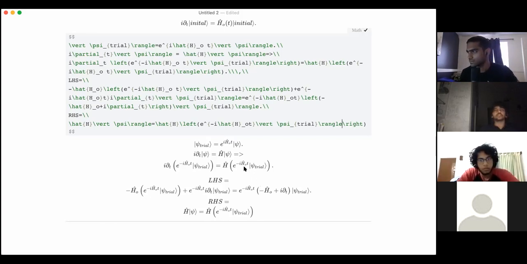Would it be some sort of propagator or object? Alternatively, we could just move e power minus i H naught t all the way to the right, but we're not going to get anything interesting out of that, because we're not comparing the things that we want to compare. We want things to be acting on psi trial.